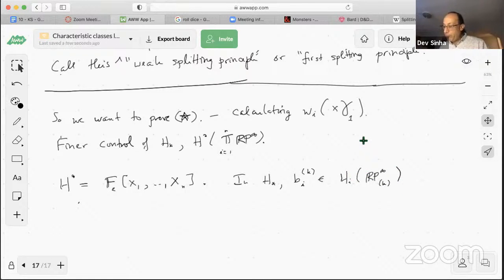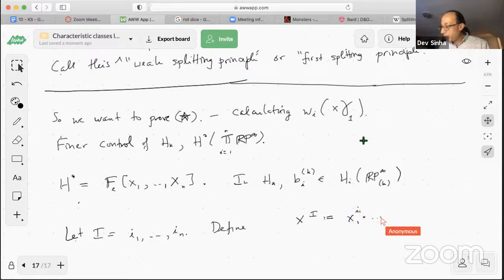It's helpful to use multi-indices here. So let I be a sequence of n integers and define two classes, one in cohomology, one in homology, through those multi-indices. x^I is going to be the product, x1 to the I1 cup product through xn to the In.